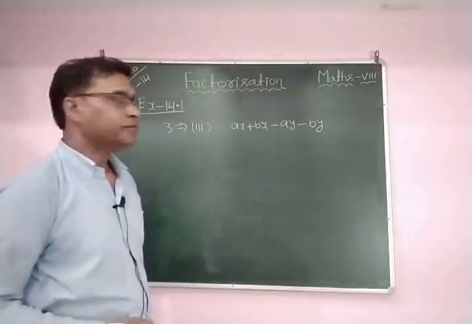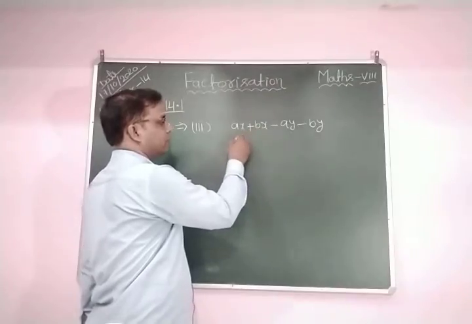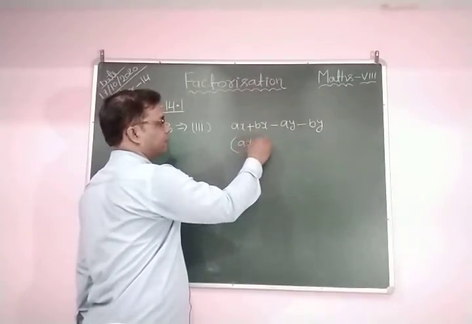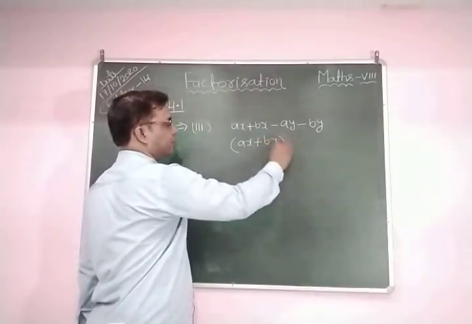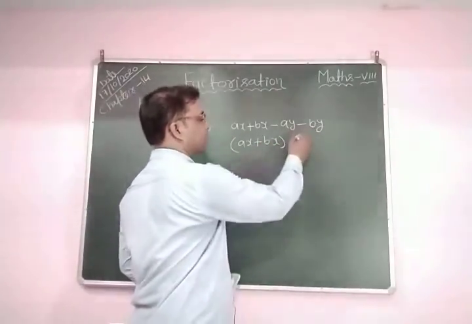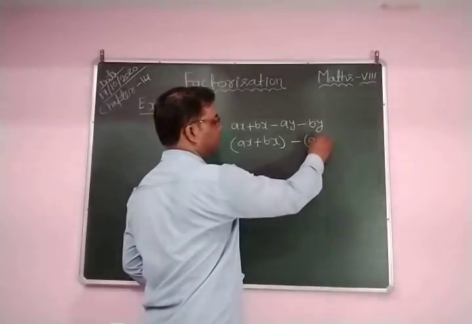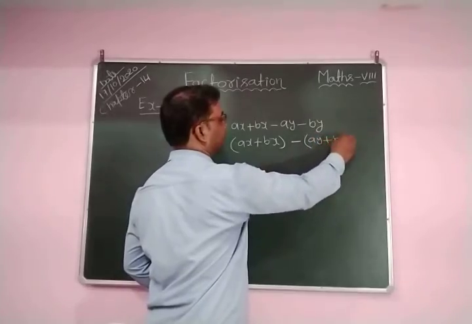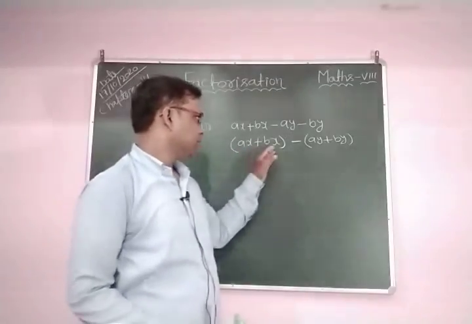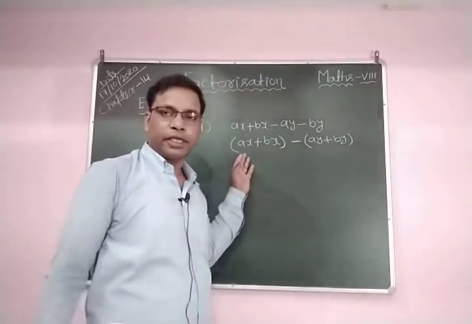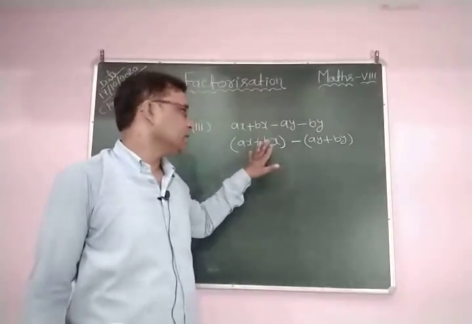Clear? Now, first you can group in a bracket: ax plus bx, close the bracket. Then take minus common, so here you have ay plus by. Okay, so what is common between both? Obviously in the first bracket, ax and bx, x is common.